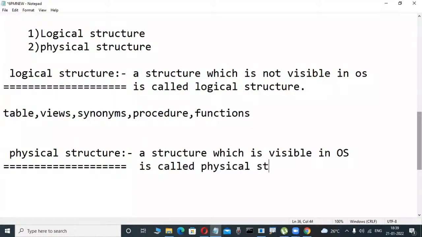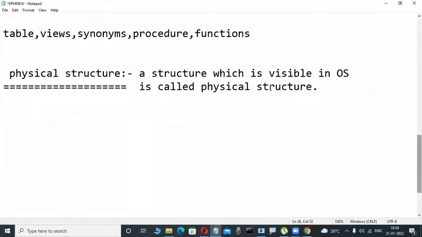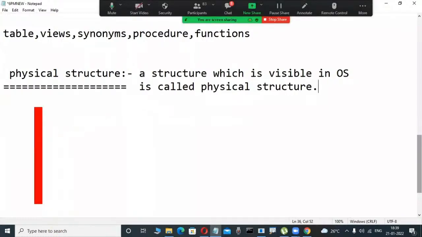Who are the persons working in this physical structure? Observe it here. It's a big concept. I'm telling only the definition side, because what is a database, today I'm telling only which definition is correct. Now check it out. A structure which is visible in the operating system is called a physical structure. Suppose I am installing, you are installing software also, some physical files are created in a disk.